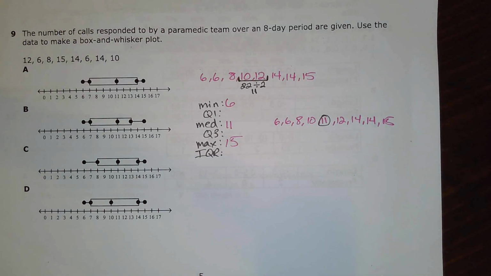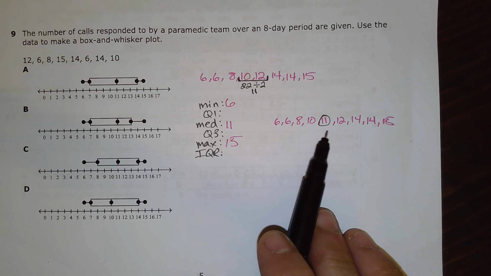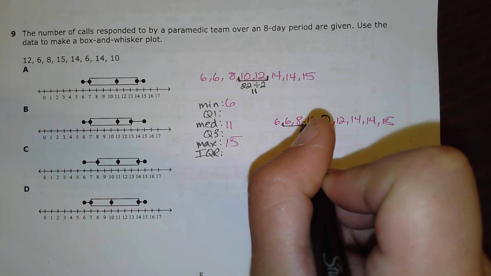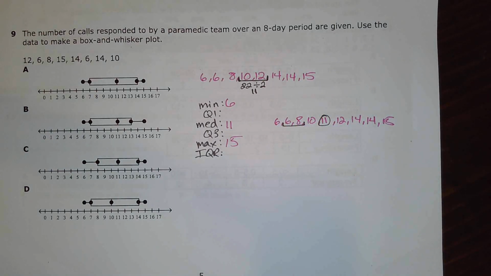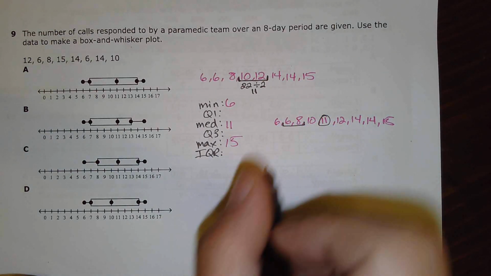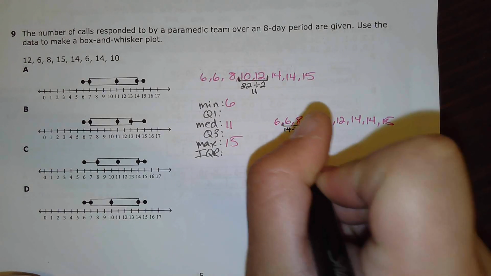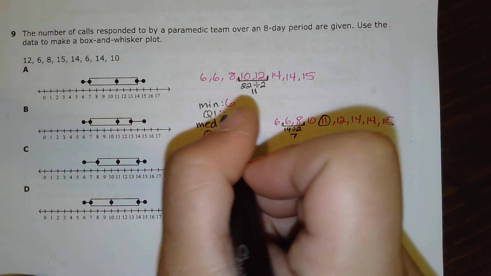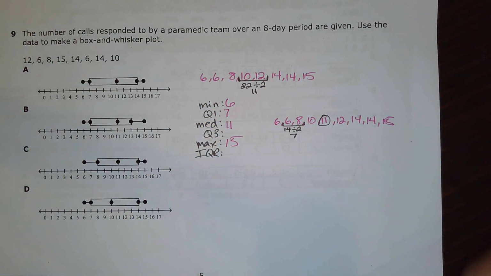Now, how do I find my quartiles? To find your quartile 1, you have to find the median of the first half of the data. This is that first half of the data. And the median, again, is going to be these 2 numbers here. And when I have that happen, I have to add them up and divide by 2. So that's going to be 14 divided by 2, which will give me 7. So I know that my quartile 1 is 7.